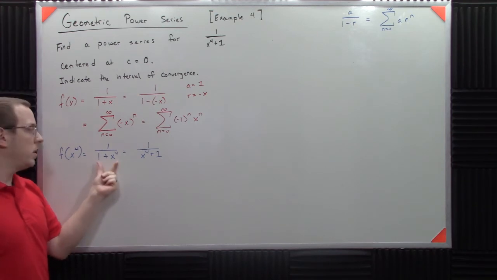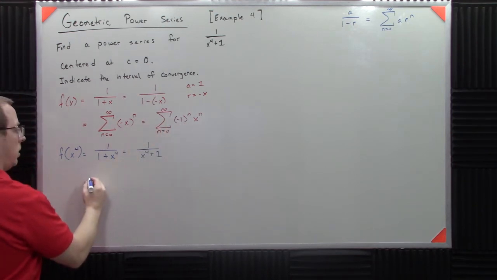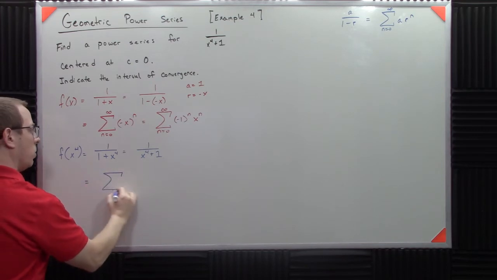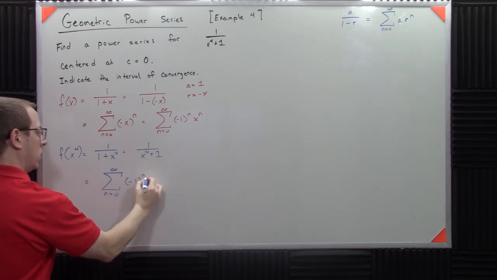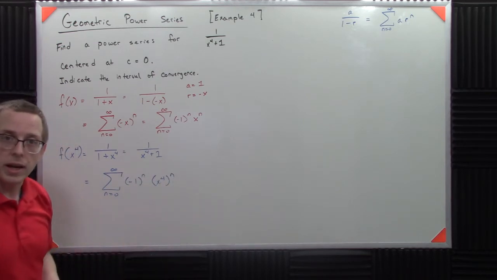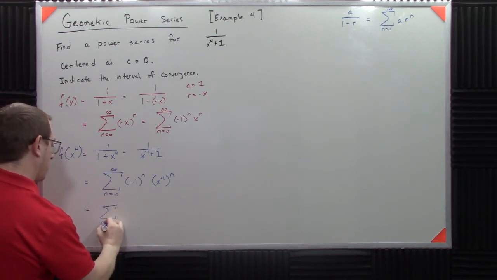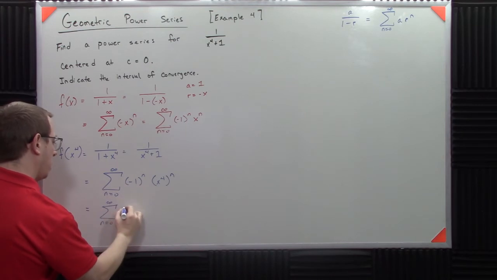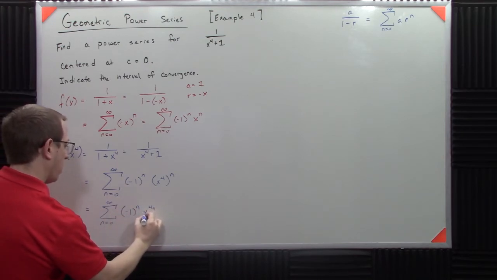Well, I know that f of x is equal to that, so f of x to the 4th you just get by plugging in x to the 4th, which we could then rewrite as the sum from n equals 0 to infinity of negative 1 to the n, x to the 4n, if you wanted to.